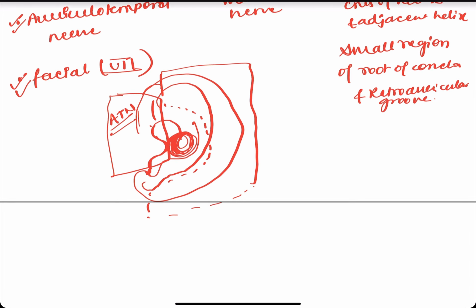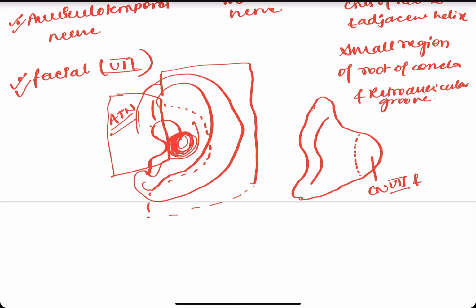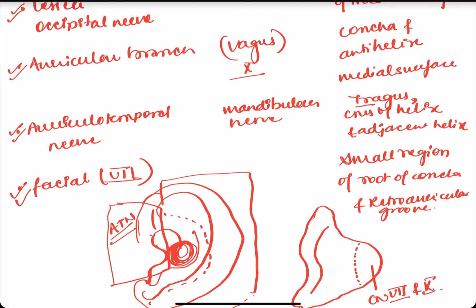On the lateral surface, what are the structures? Let's consider that this is our lateral surface. On the lateral surface, cranial nerves 7th and 10th supply the retroauricular groove.